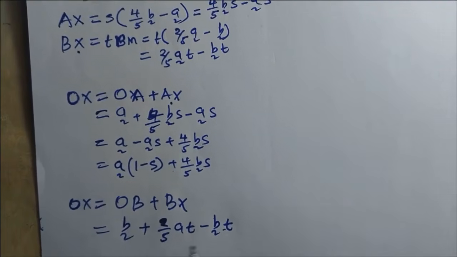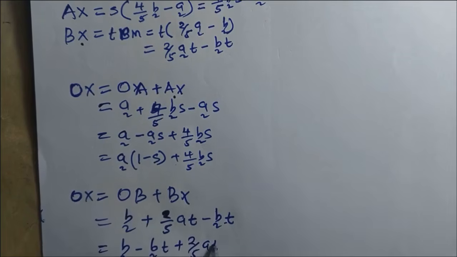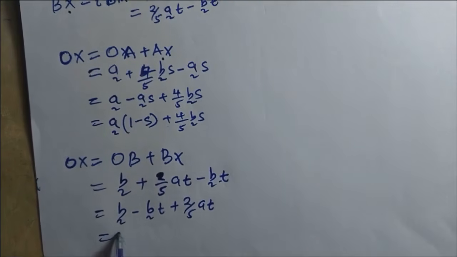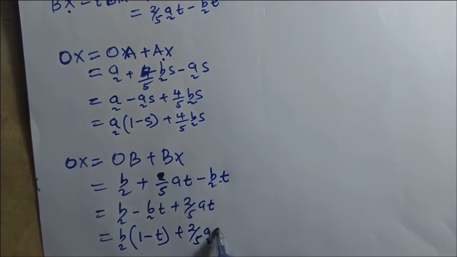So bring this one on this side so that we have B minus BT plus 2 over 5 AT, so that we have B into 1 minus T plus 2 over 5 AT.